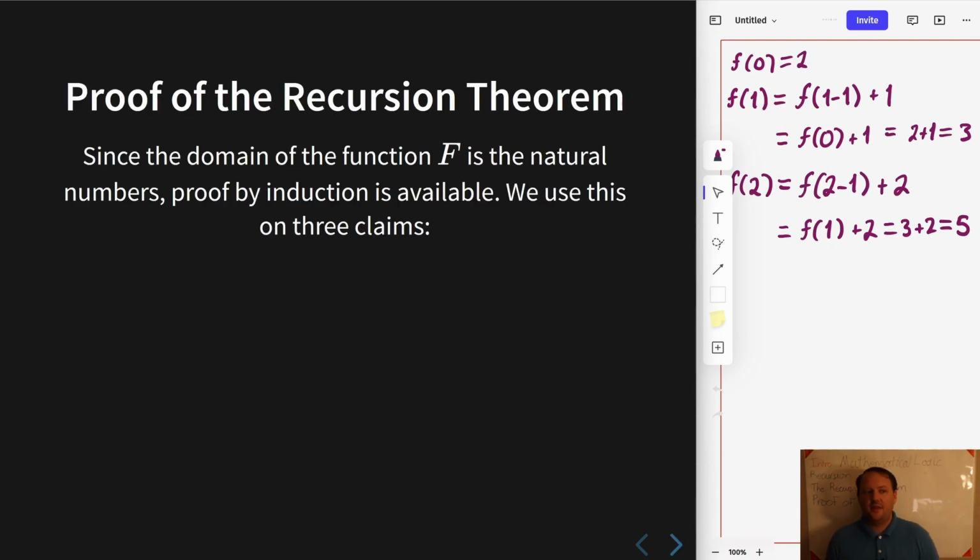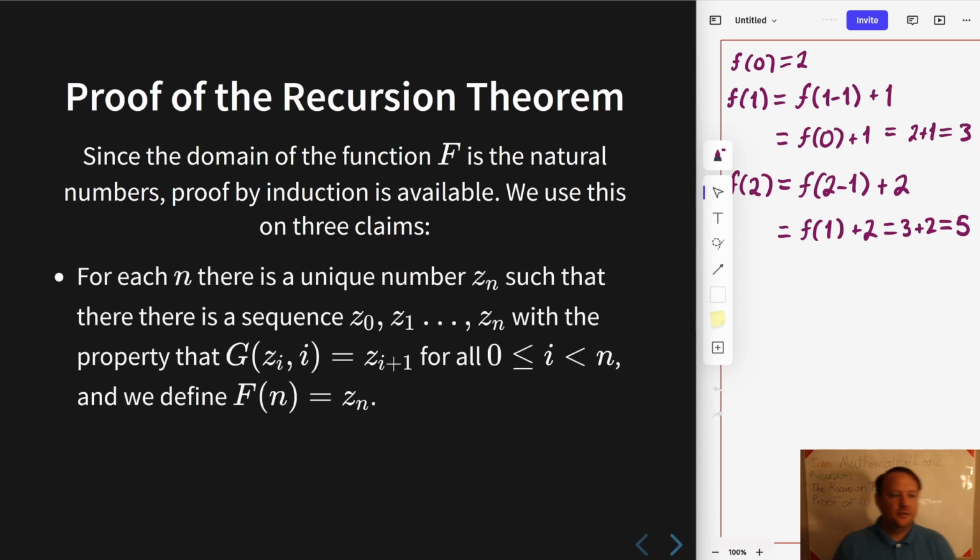To really spell things out, the recursion theorem is made up of three components. It's going to tell us that these numbers that we use to define f are unique and well-defined. So that's going to be this part, right? It says that for each n, there is a unique number z sub n with the following property: it has this sequence z naught up to z n, such that every next z value comes from plugging these things in for g in the previous coordinate.